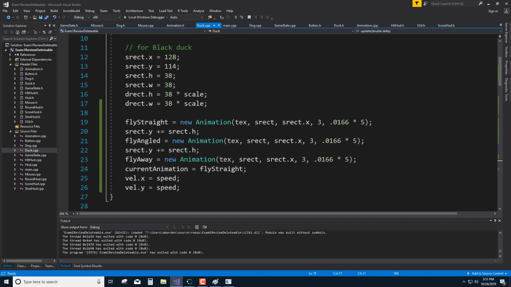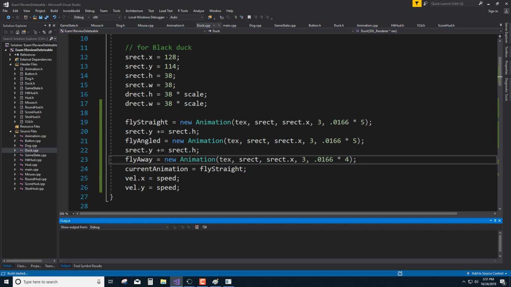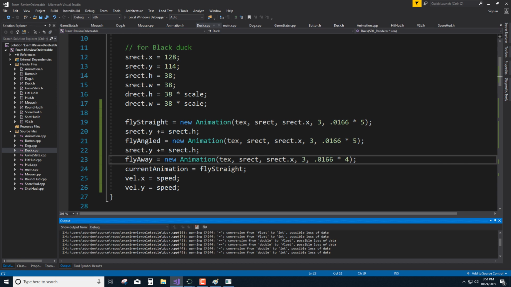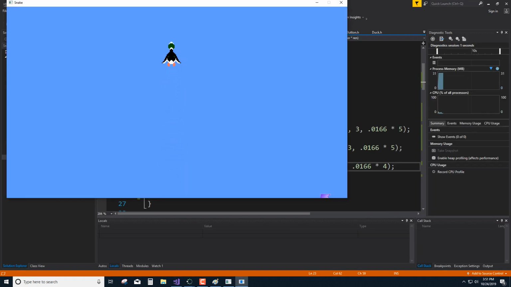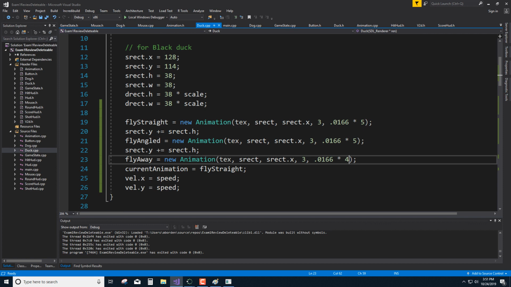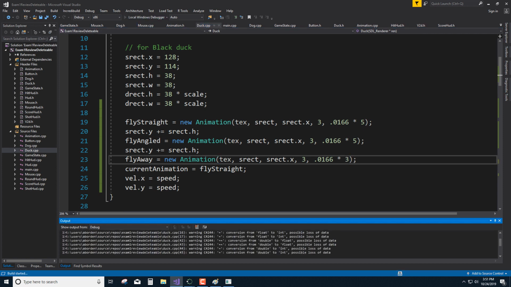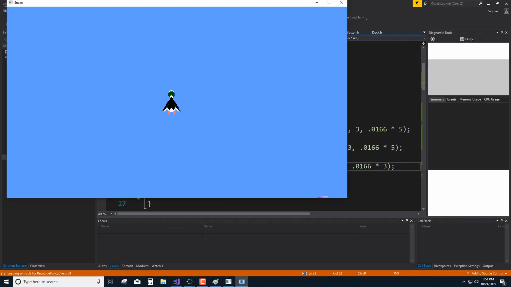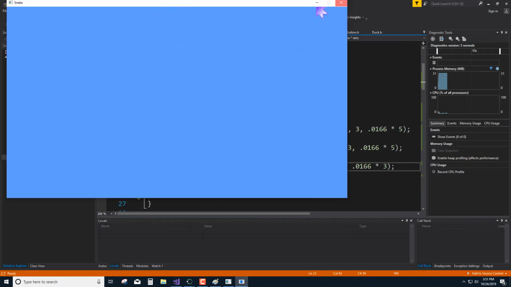That makes me want to adjust his animation for fly away to be that really fast one too. Set it back down to 4. This is just personal preference, not overly important. Whatever you think looks good. Yeah, I like that.